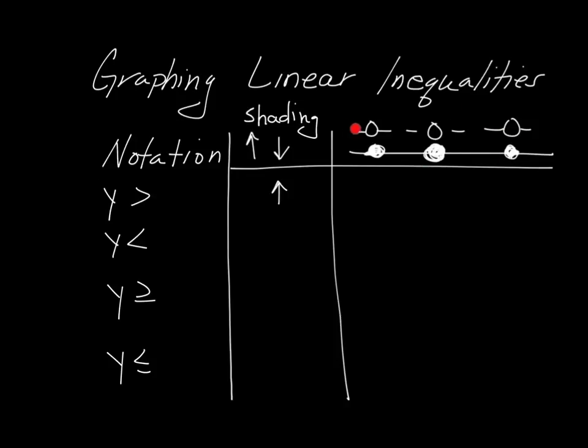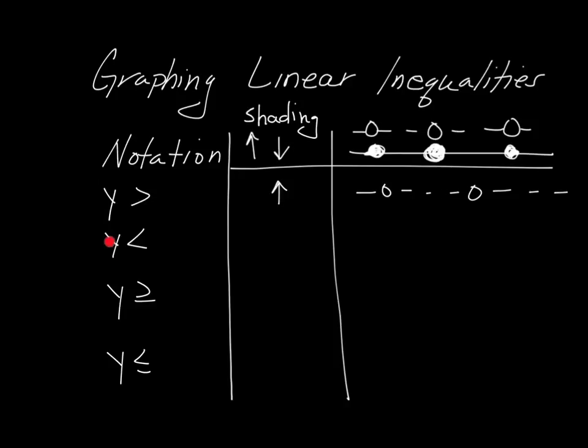Will I be using a dashed line with open circles, or a solid line with closed circles? At one point when you were graphing inequalities, you should have learned that a non-equal to will be the open circle. So by having a non-equal to, I know at this moment that I will be using the open circles with a dashed line, and that's how I'll indicate my line.